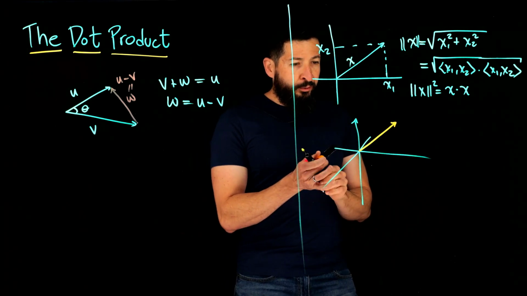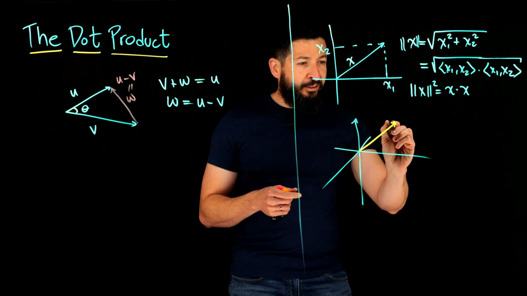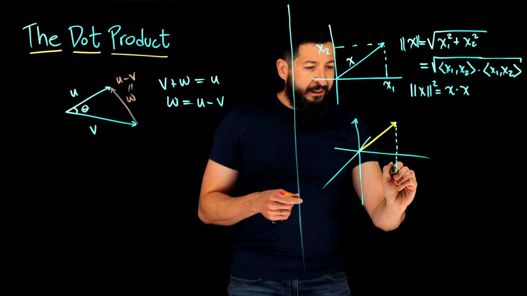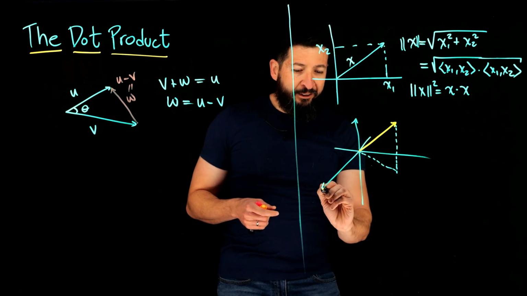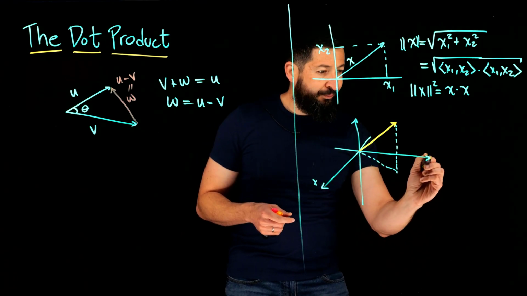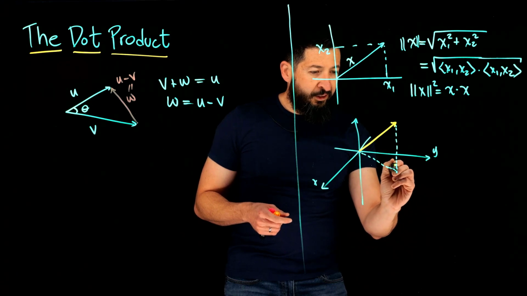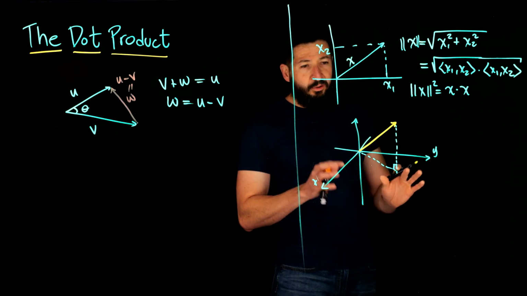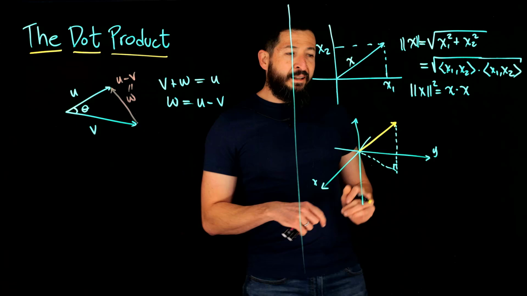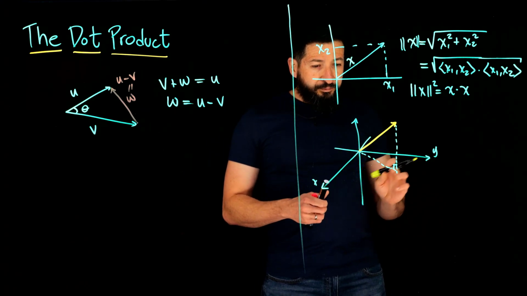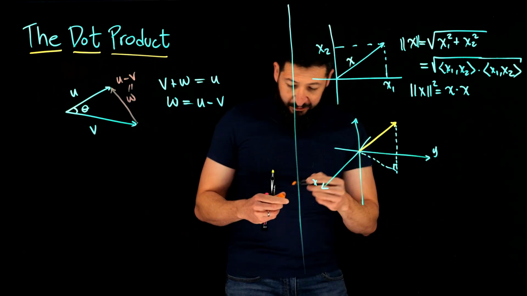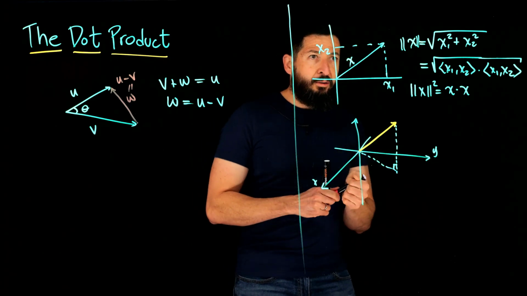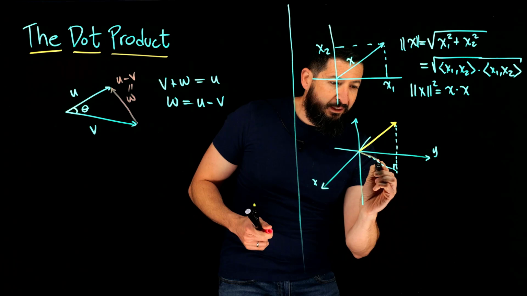So what I'm going to do is project this vector down 90 degrees to the xy plane. And this is going to be 90 degrees, even though my drawing is not that perfect. So now, if you think about this little triangle, I'm going to change colors. I'll use orange.